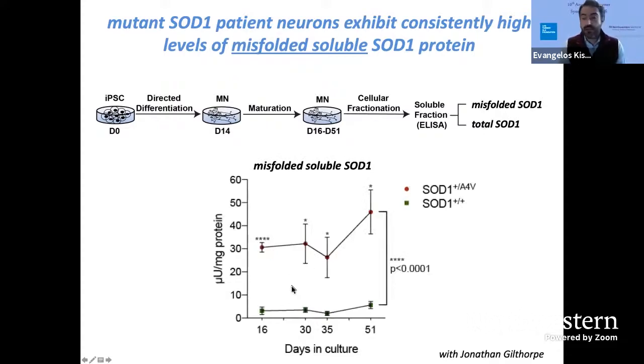Unsurprisingly, we found that the mutant motor neurons exhibit about 15 to 20-fold higher levels of misfolded but soluble SOD1 protein. But surprisingly, although there was some variability, the amount of misfolded soluble SOD1 protein appeared to be consistent across time in culture.